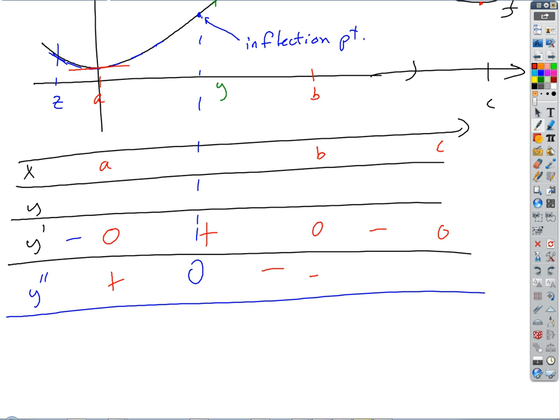All relative extrema have to exist at critical numbers. Not all of the critical numbers are going to produce relative extrema, but you can't have a relative extremum that doesn't occur at a critical number, right? That all makes sense? Where do you suppose inflection points are going to live?